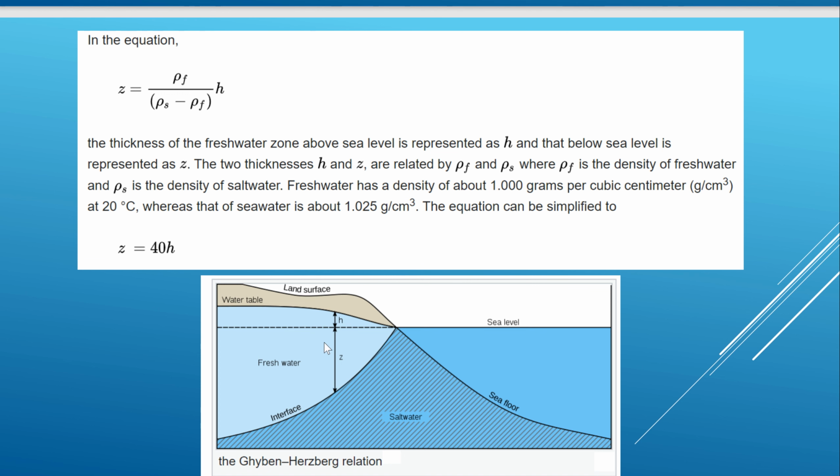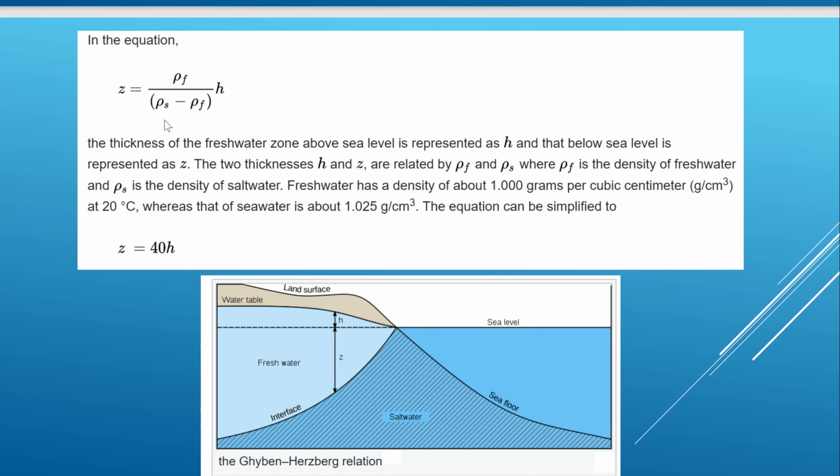You can see in this picture, the thickness of freshwater zone below the sea level is Z and that above the sea level is H. This is the sea level. So the thickness of freshwater zone below the sea level is Z and above the sea level it is H. So this equation relates Z and H.